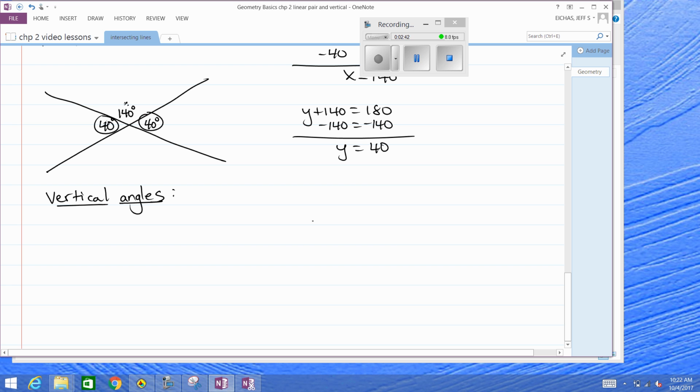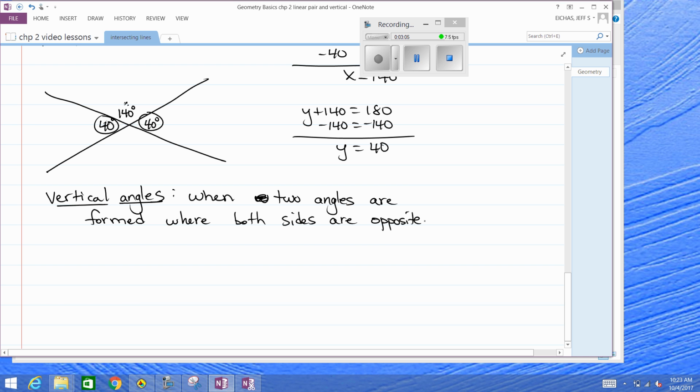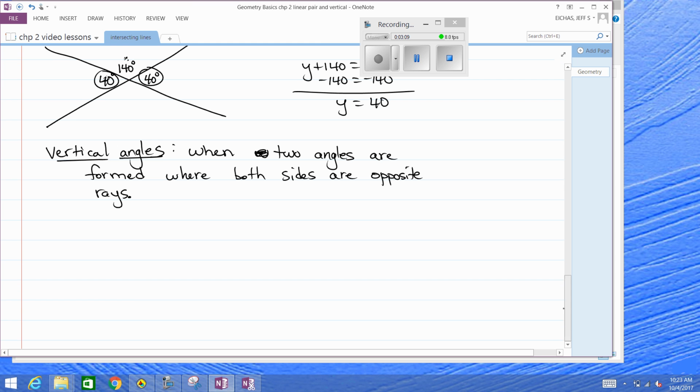Vertical angles occur when two angles are formed where both sides are opposite rays. Now, what do I mean by that? Okay, so an opposite ray basically looks like this.